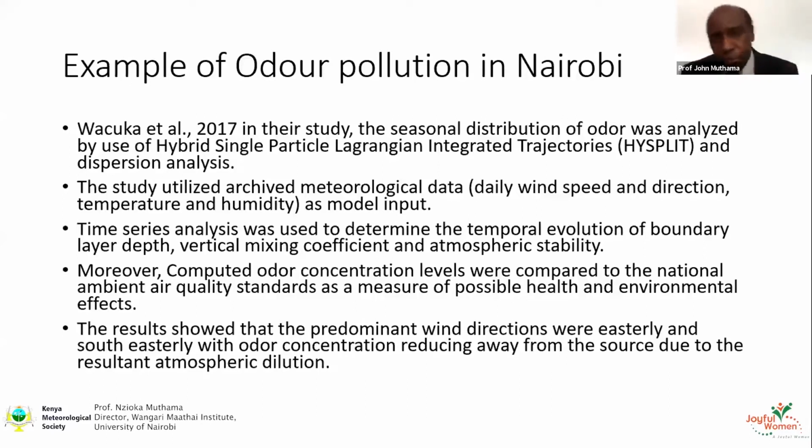The study was to look at seasonal distribution of odor or smell using the Hybrid Single-Particle Lagrangian Integrated Trajectory, or HYSPLIT, dispersion model, which is an open source model. The study used archived meteorological data: gridded data on wind speed and direction, temperature and humidity, because those must come in as model inputs.